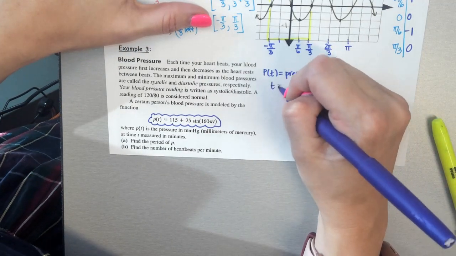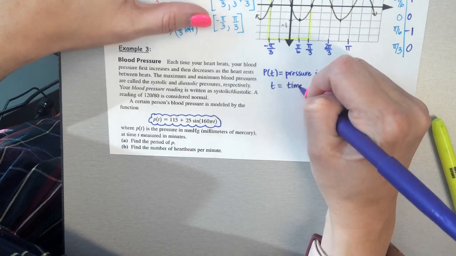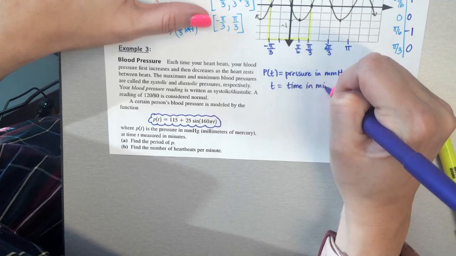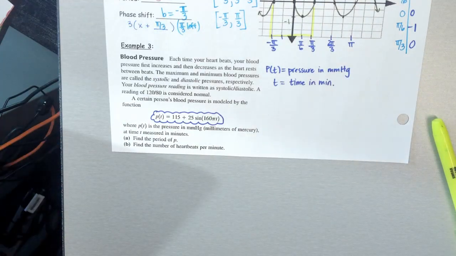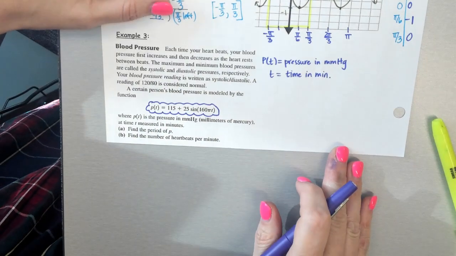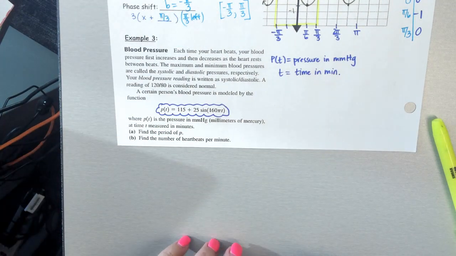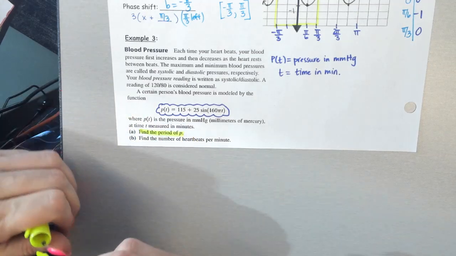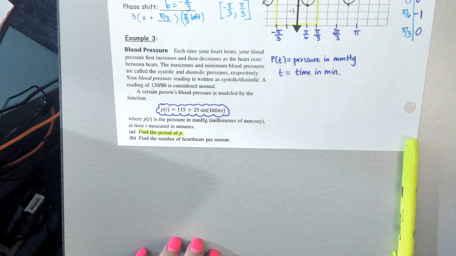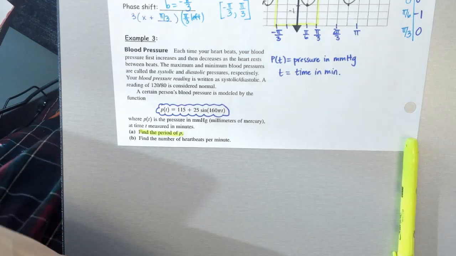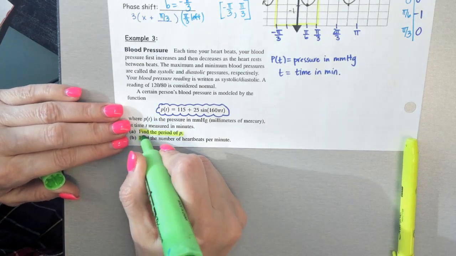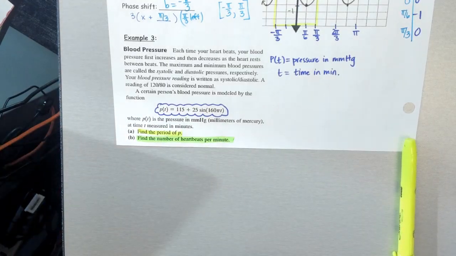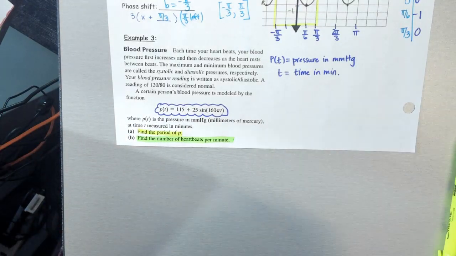And t is going to be the time in minutes. Okay, we're going to need to know that to interpret parts A and B. So in part A, it's asking us to find the period. And then in part B, it says to find the number of heartbeats per minute.